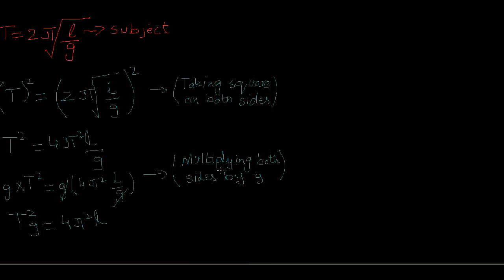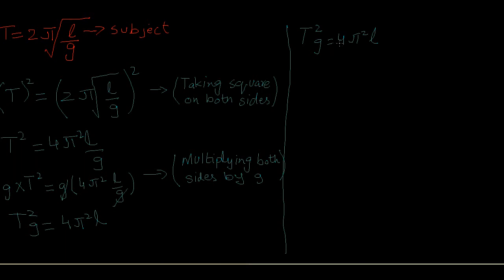So please write this. It's helpful for others as well as for us. I don't have space over here, so I'm going to do it on this side. Our formula is T squared G is equal to 4 pi squared L.